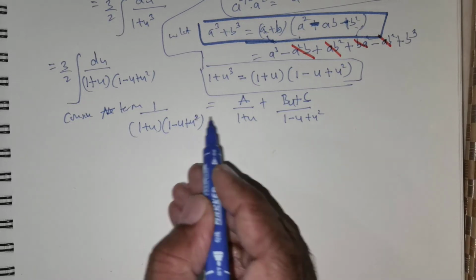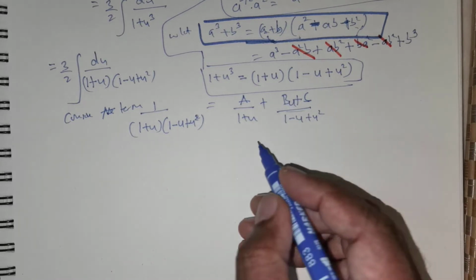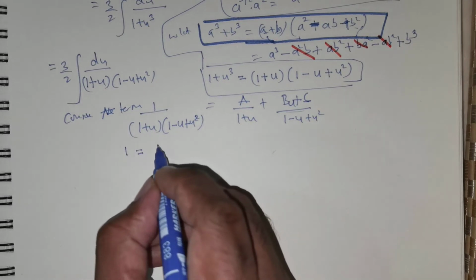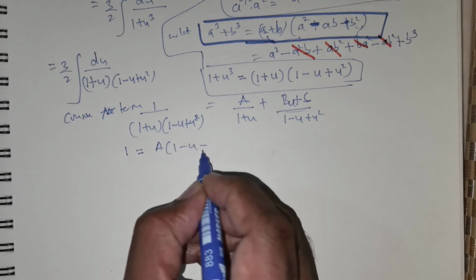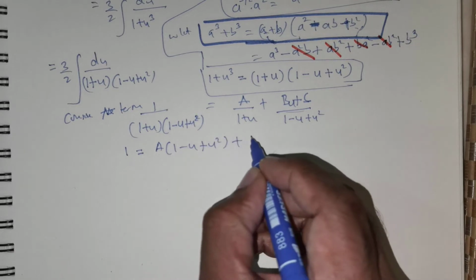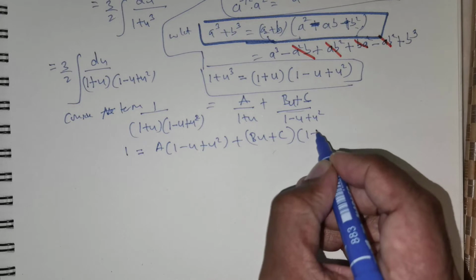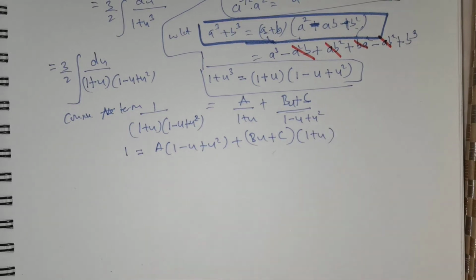Because of the degree 2, this is the form we have to use. If I were to cross multiply, I get 1 is equal to a times 1 minus u plus u squared plus bu plus c times 1 plus u. So this is what we have got.